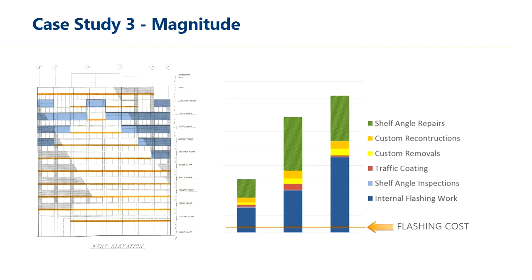So really many multiples to get there and get to that flashing in order to be able to repair it. So there's a lot of value in getting it right the first time.